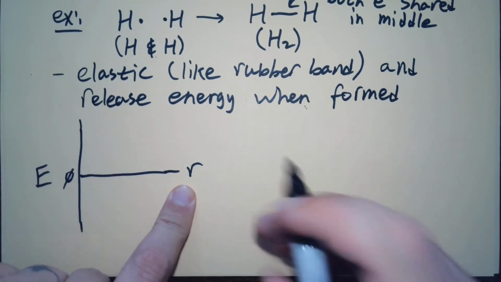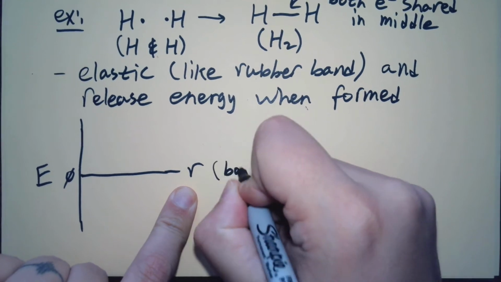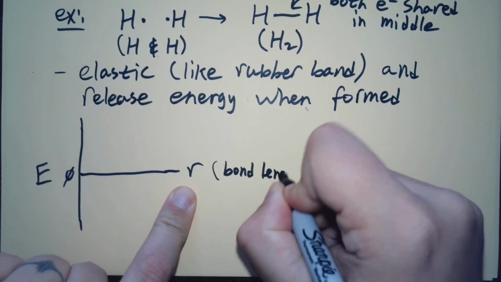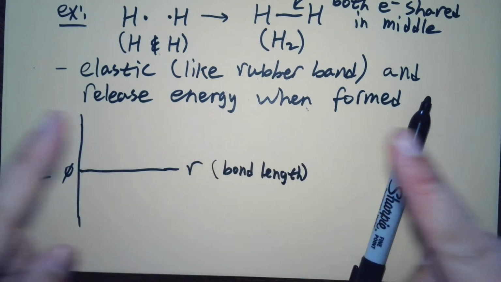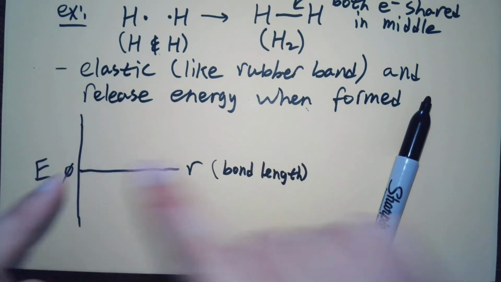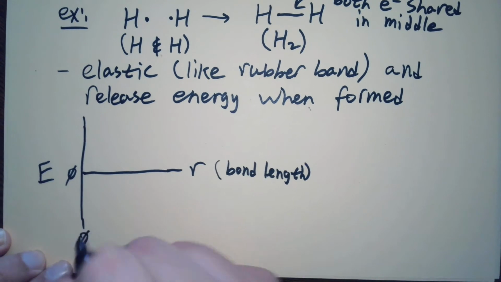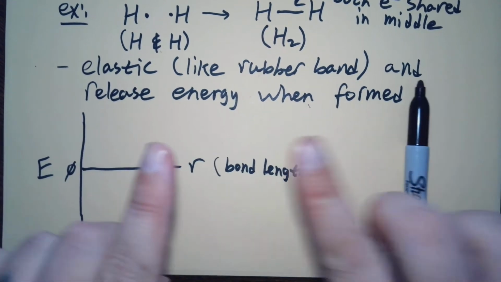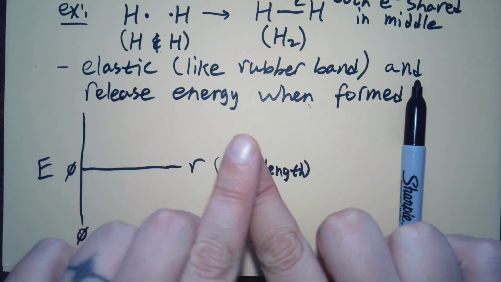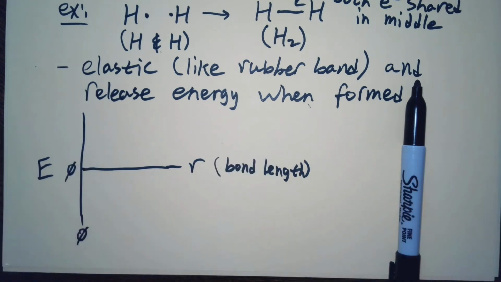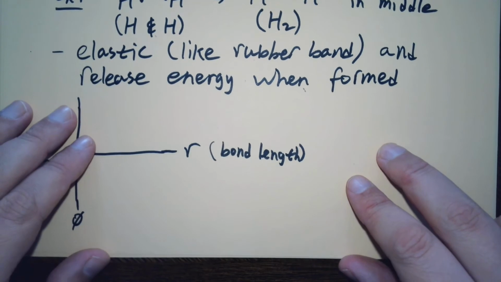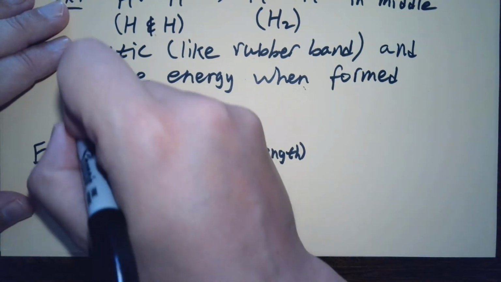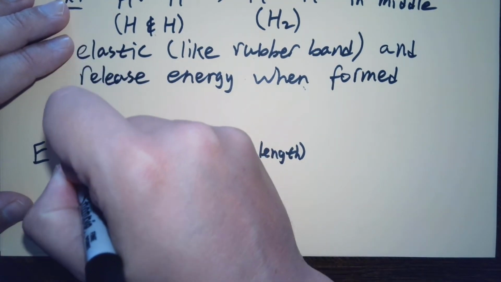And then this R is my bond length. So as R gets larger, the 2 nuclei get farther apart. And as it gets closer, they get closer together. And so this is the 0 mark where one would be completely inside of the other. And if you think that doesn't seem reasonable, good instincts. That doesn't happen. So what we get is something that looks like this.